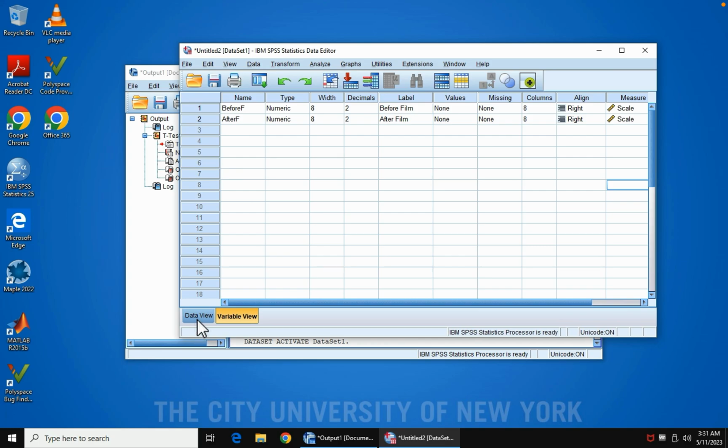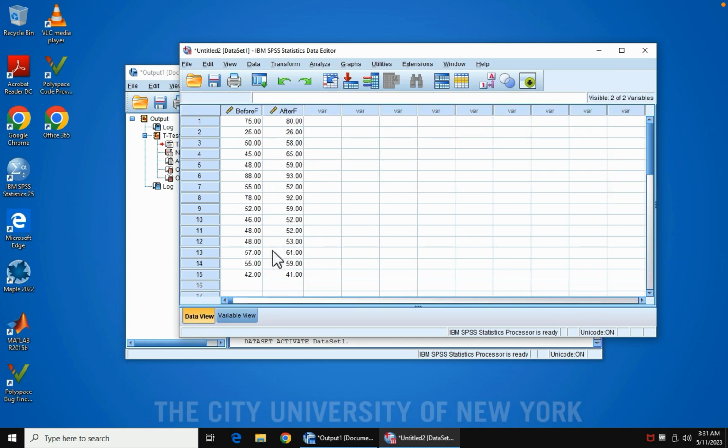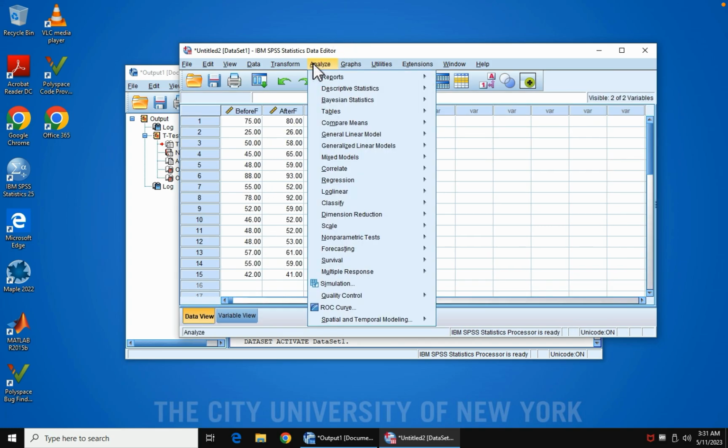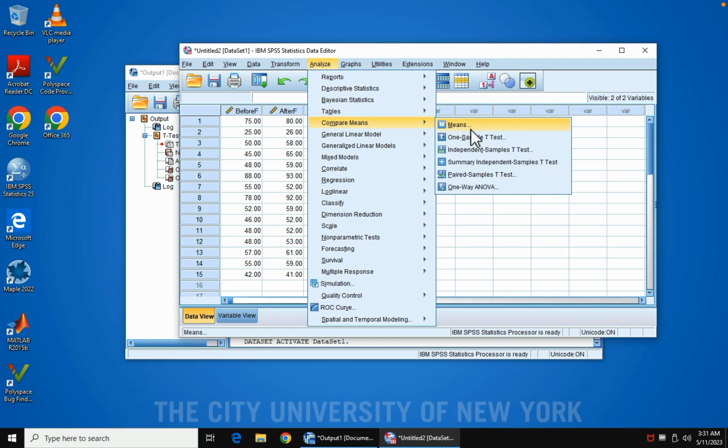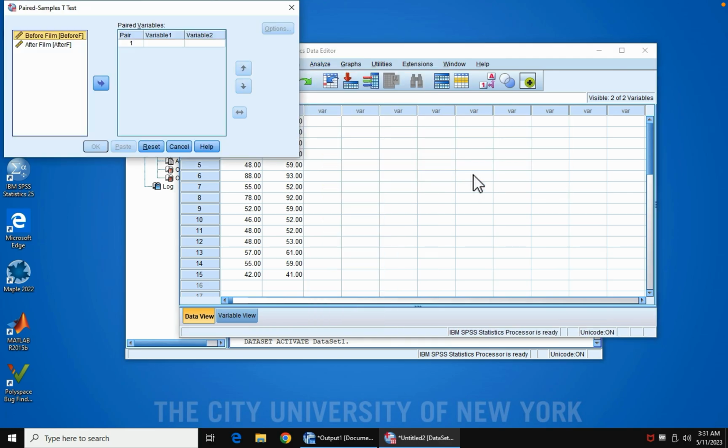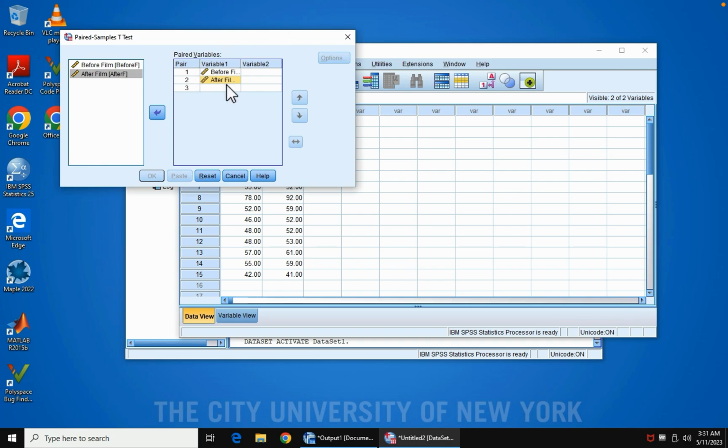It's all scales. So you go under Analyze, you go to paired samples t-test. First variable is before film. You just drag it. And then the second variable is after. You drag it. That's it. It's as simple as that. Oh, I should have moved it here. Hold on.